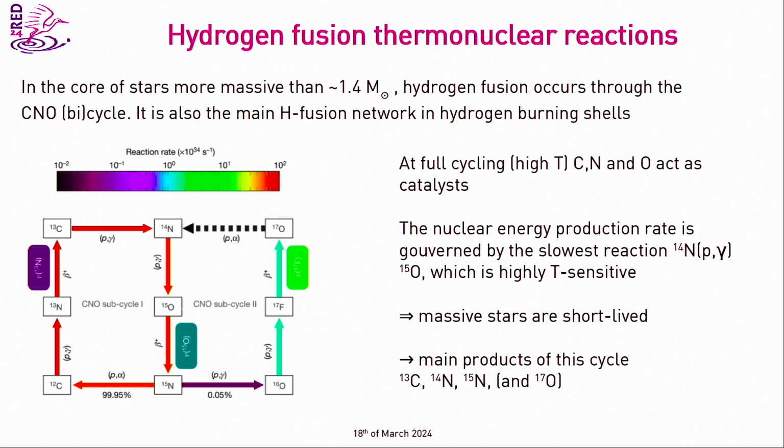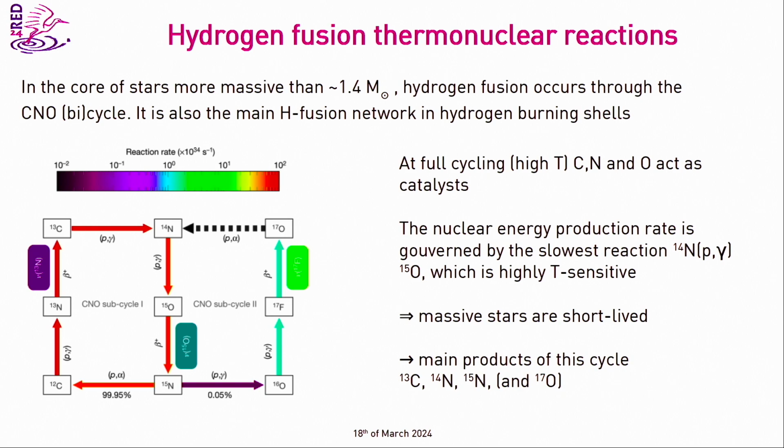So this is what we call the CNO cycle, and we call it a cycle because at high enough temperatures, you start here on carbon 12, you capture a proton, which gives you nitrogen 13, which is unstable, yields carbon 13, again captures a proton, yields nitrogen 14, captures a proton, yields oxygen 15, which is unstable, goes to nitrogen 15, and again captures a proton and can go either to oxygen or to carbon, depending on the particle that you emit.